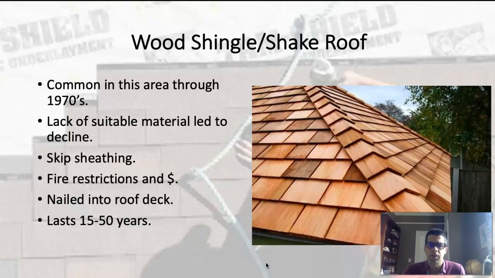Shakes are split. Okay, they both start out as bolts, is what they're called. It looks like a big piece of firewood. And you either take a bolt and you saw a bunch of shingles off, or you take a bolt and you split it into a bunch of pieces and make shakes. So the shakes are going to be thicker, they're going to look rougher, and they're going to vary in thickness.